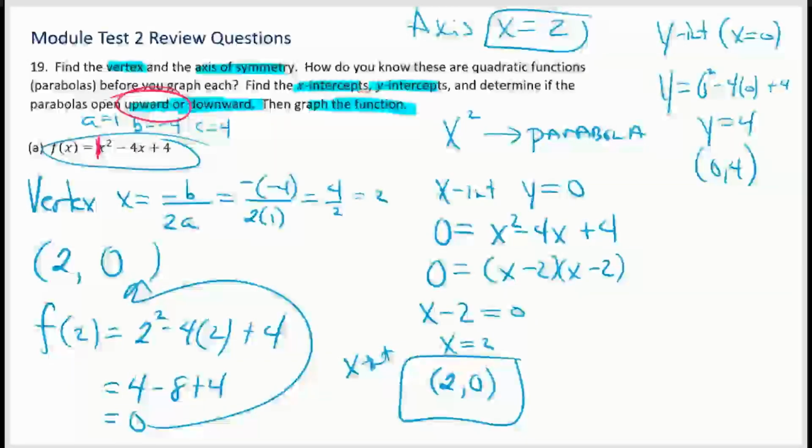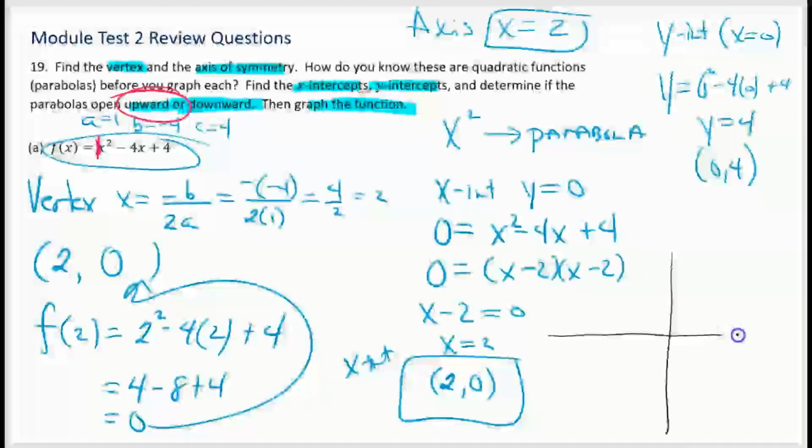Then we're supposed to graph the function. So for the rest of these, I might put a nice XY axis on the page, but y'all, I'm going to make this one easy. I'm just going to draw my own XY axis way down here at the bottom of the page. Now, I've got important points like 0, 4, and 2, 0, and 2, 0 is my vertex.